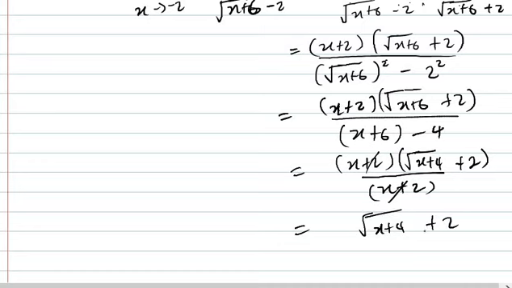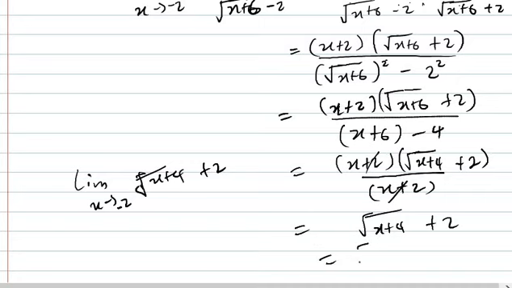So since we have this, we're gonna substitute. Our limit is as x approaches -2 of this function, root of x plus 4, then plus 2. So we have to substitute x as -2.